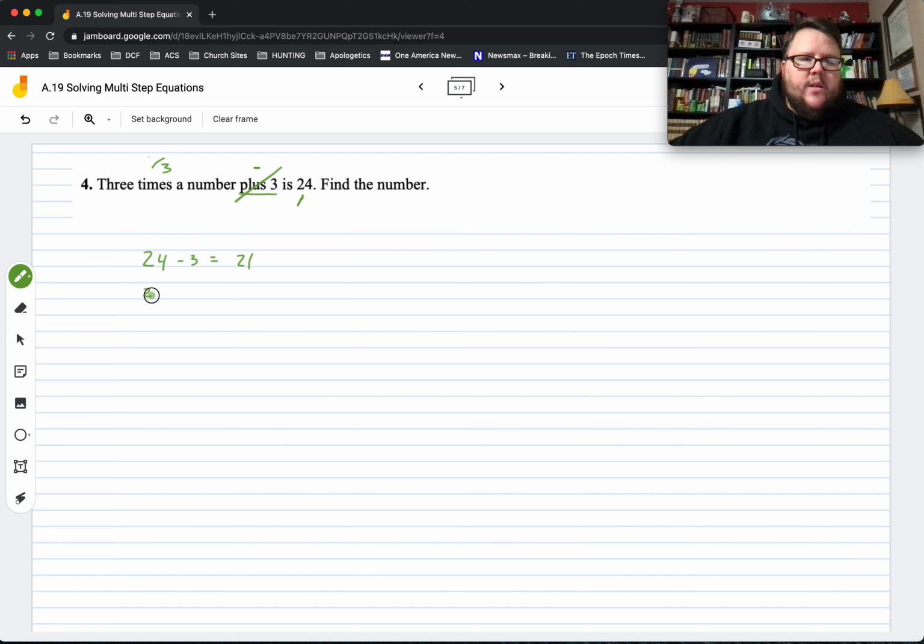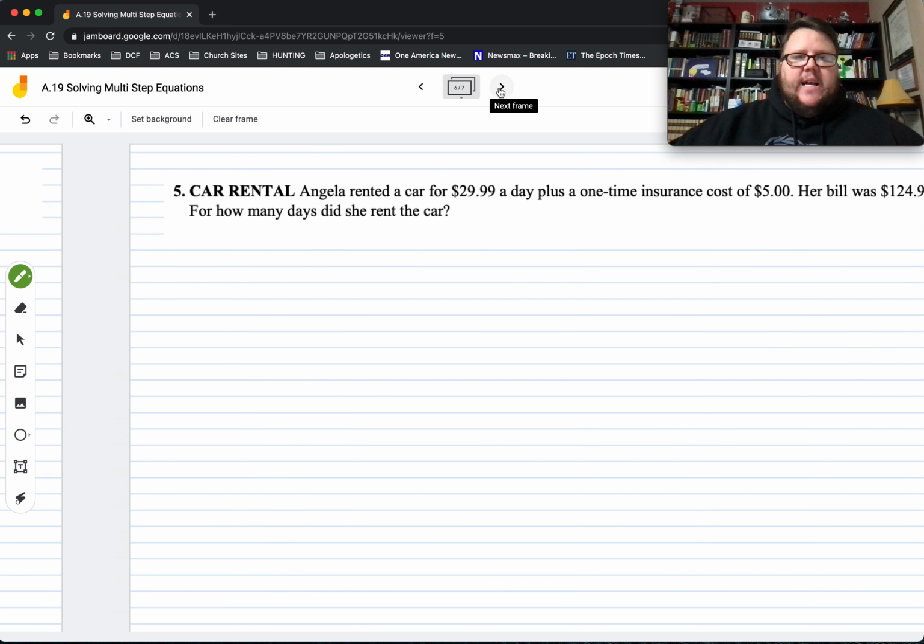So 21 divided by 3 is 7. So our original number should be 7. So let's try it out. 3 times 7 is 21. 21 plus 3 is 24. Checks out.